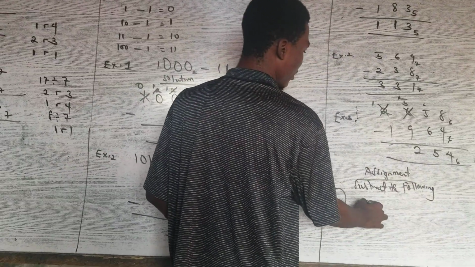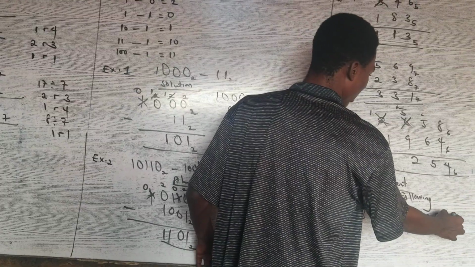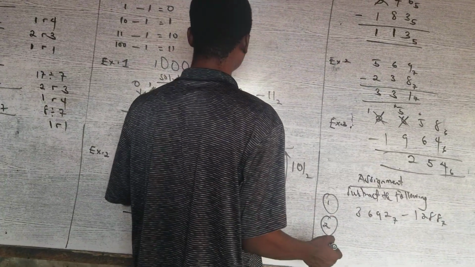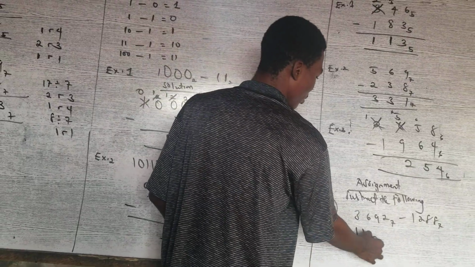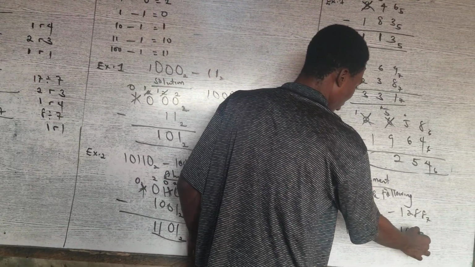Number 1, we're having 3692 base 7 minus 1288 base 7. And the second one, let me give us one of number base. We're having 1101 base 2 minus 1000.